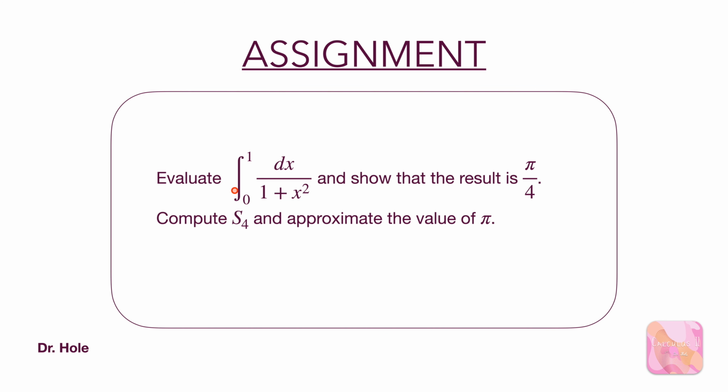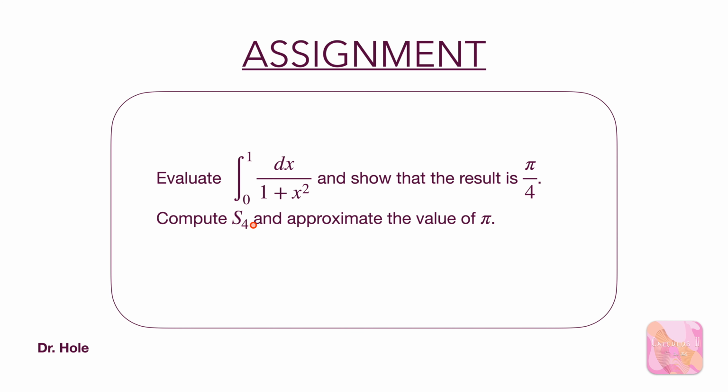And then something new. Use that assignment we just looked at as an example for computing s sub 4, Simpson's rule, n equal 4. For this definite integral, note the integrand is the derivative of arctan, and that arctan at 1 is pi over 4.